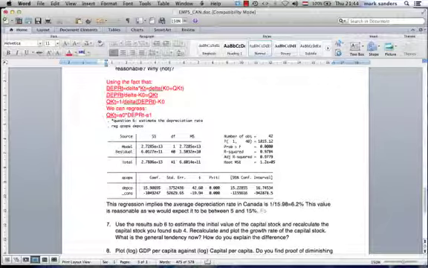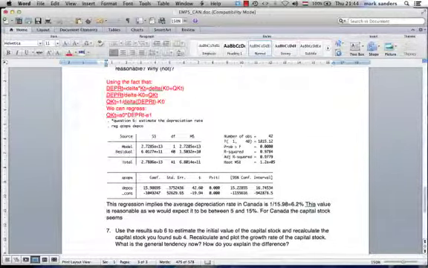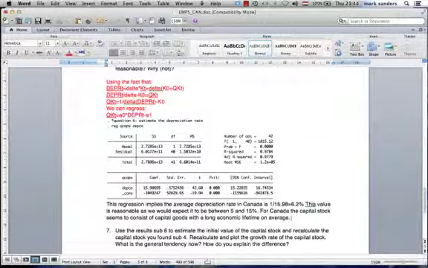For Canada, the capital stock seems to consist of capital goods with a long economic lifetime on average. So it's at the lower end. But it's a reasonable value for Canada.